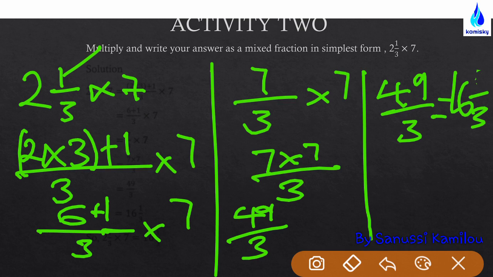Okay, that is our final answer. When you finish, conclude your work by saying that therefore 2 whole number 1 out of 3 times 7 is 16 whole number 1 over 3.